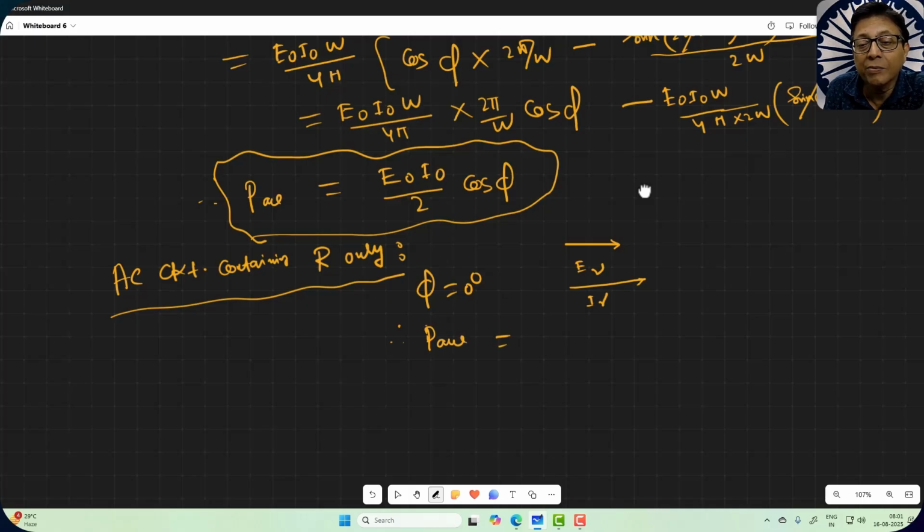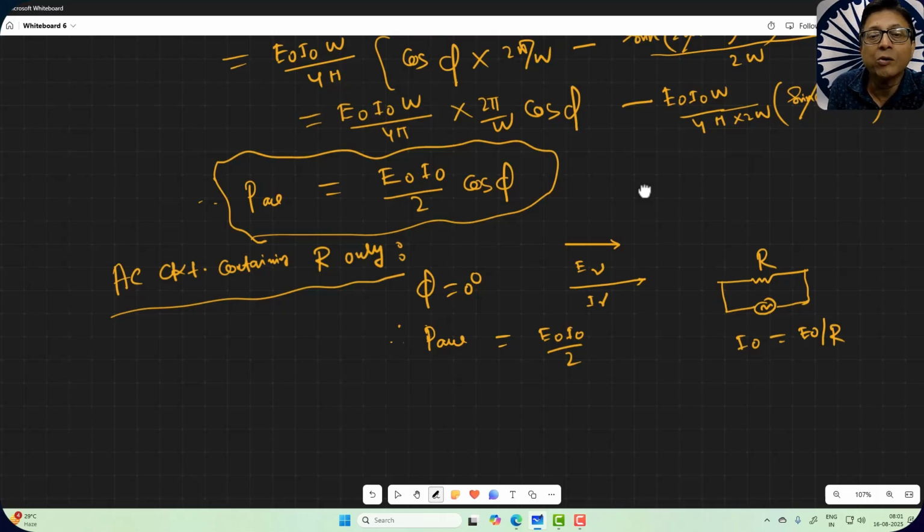P average will be E0 I0 by 2, and if it contains a resistor only, then the value of I0 will be E0 by R. We have taken the maximum value here, that's why.